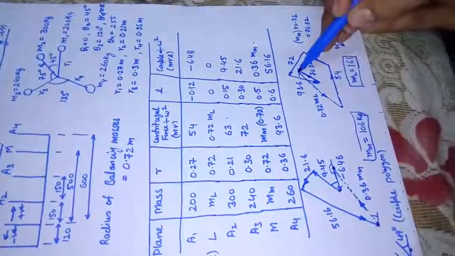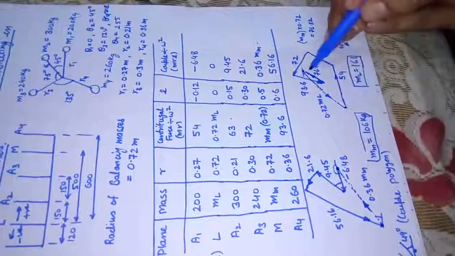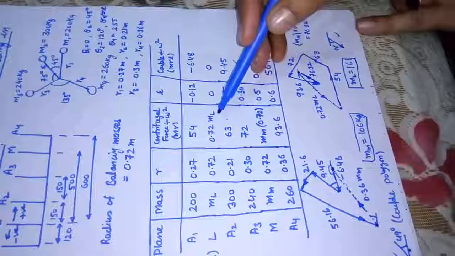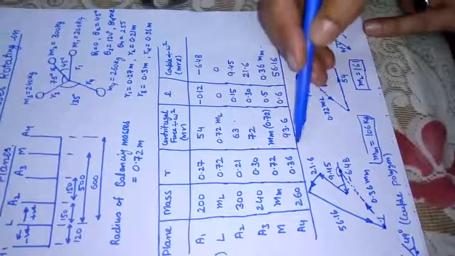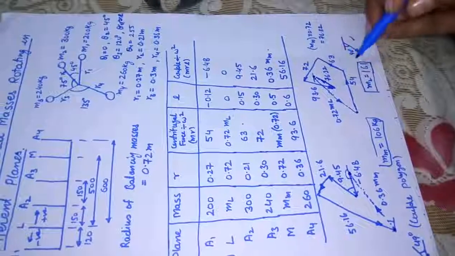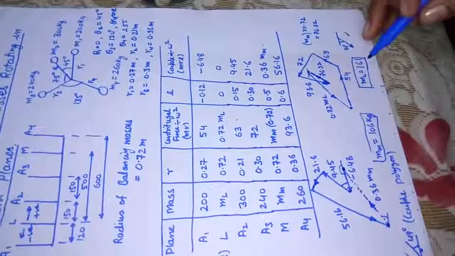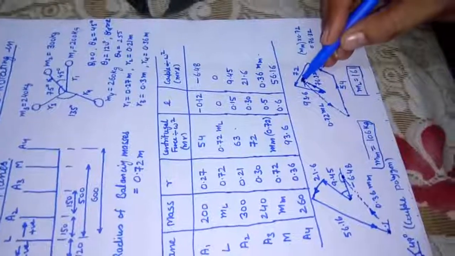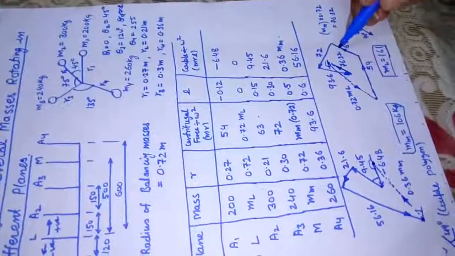When we get the last point, we know the first point, and we join them to get the value of the unknown side, 0.72 ml, because this again makes a closed polygon. If we measure it, we can calculate the value of ml. It is going to be 161, and the angle can also be measured directly from here with the graphical method.